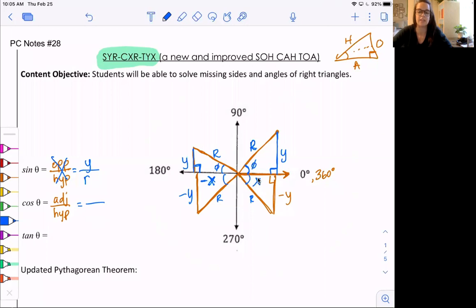It's x over our hypotenuse, which we already know is our r. So cosine is x over r. If I'm at this angle, my adjacent's over here, my x. If I'm at this angle, my adjacent's right here, my x.